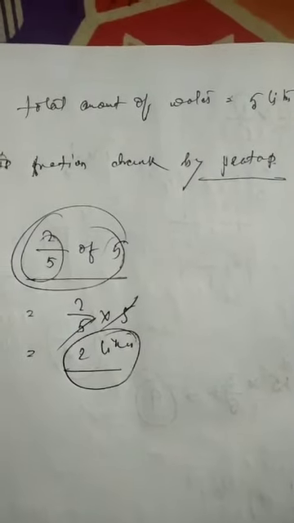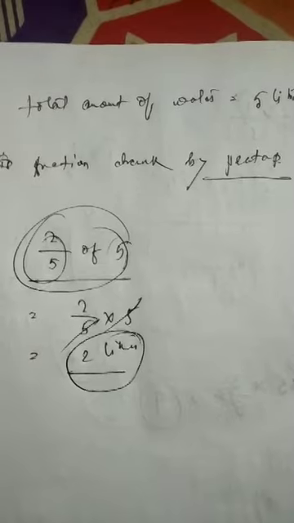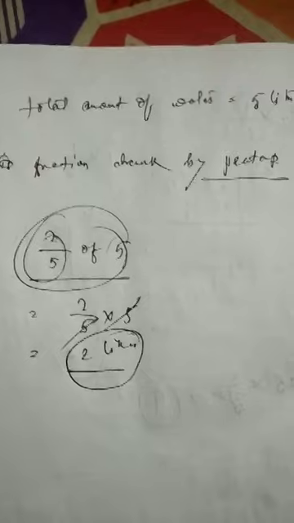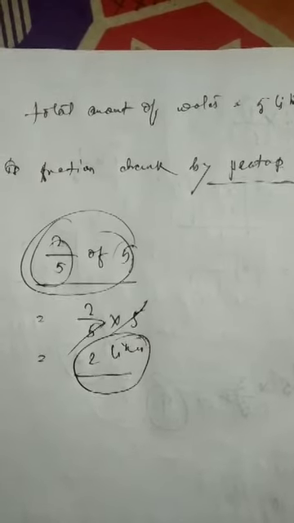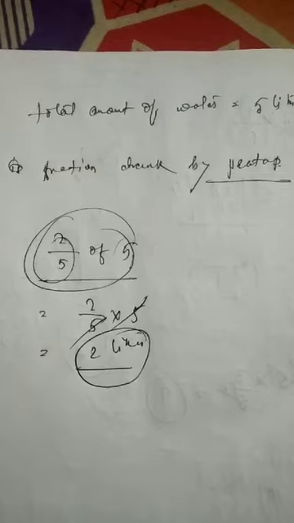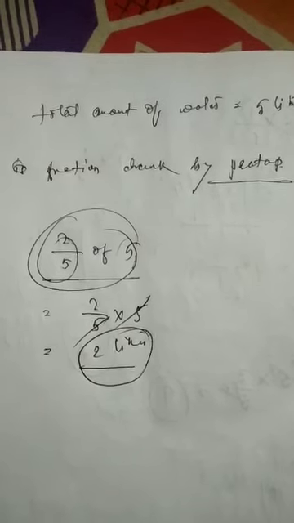Out of 5 liters of water, Pratap drank 2 liters. How much is the remaining? 3 liters is the remaining. Out of 5 liters, 2 liters were drunk by Pratap. So the remaining is 3 liters. So out of this 3 liters of water, Vidya drank 3 liters.